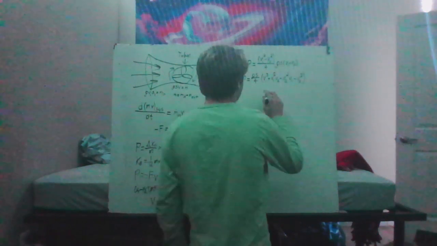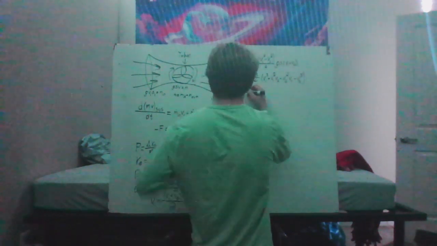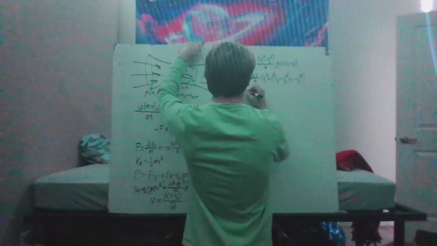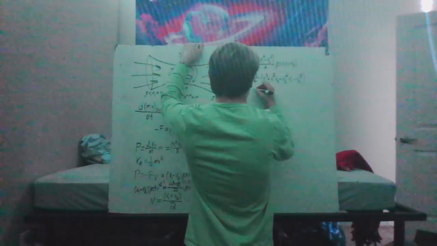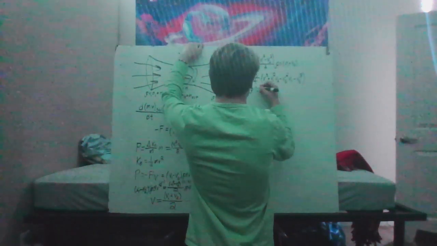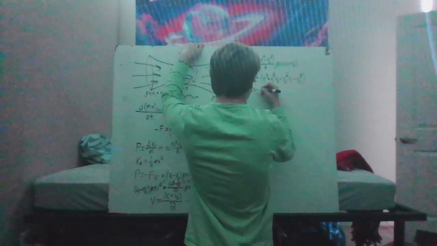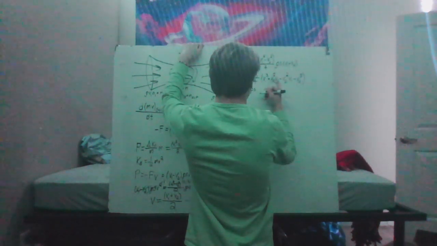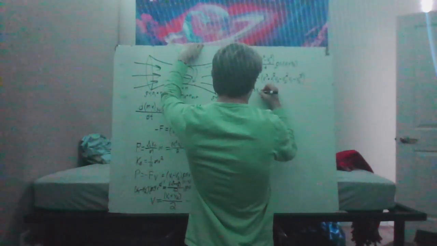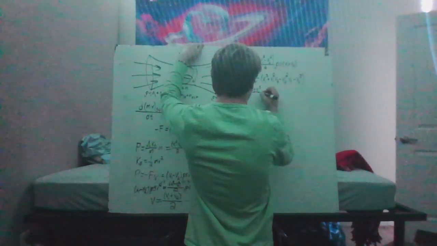So now we're actually going to factor out v1 to the third, and you're going to see why we're doing this in a second. We're going to end up with ratios of v1 and v2 that will be very friendly.